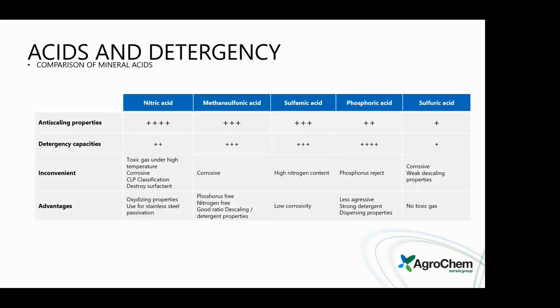And advantages. I mean, the advantage of the nitric is the oxidizing properties, advantage of the phosphoric, being less aggressive, strong detergencies, and doing well that way. Those being the two most common that are used in the dairy industry. We have the sulfuric acid that you see quite a bit as well.